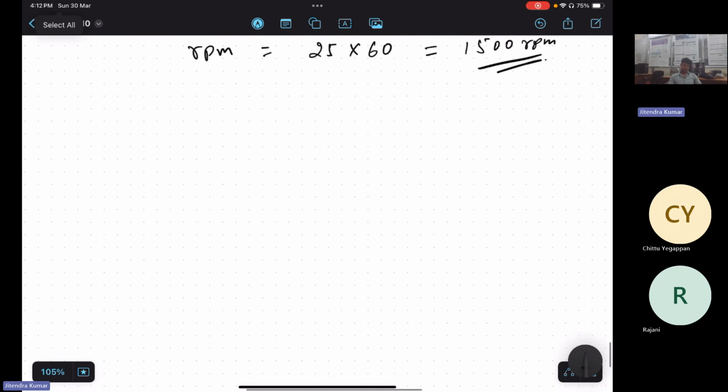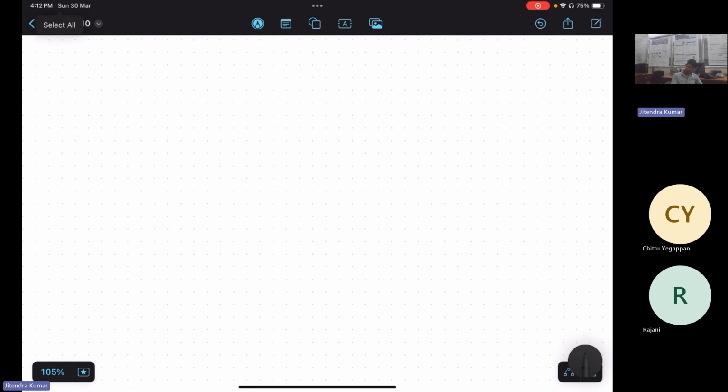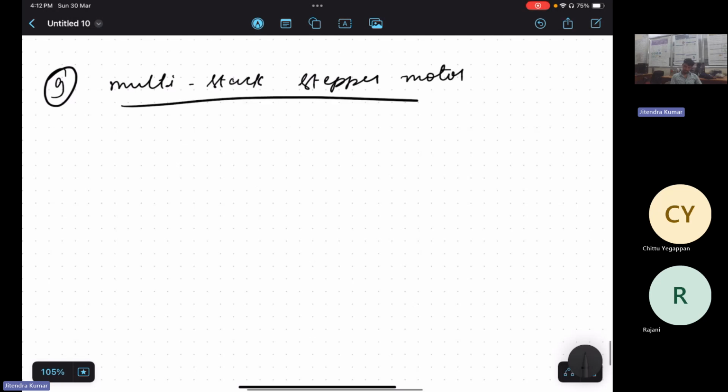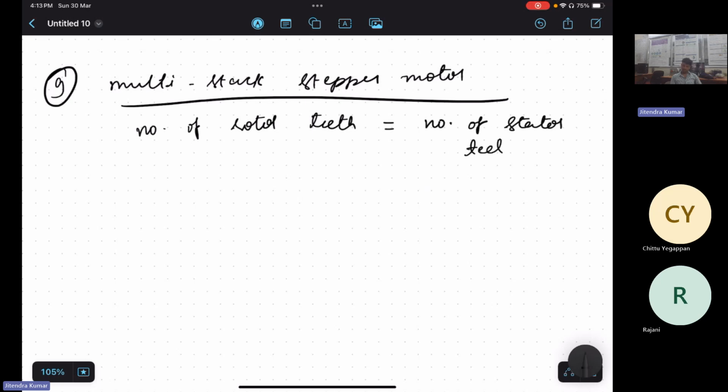Okay. The next problem is a multi-stack stepper motor. In a multi-stack stepper motor, the number of rotor teeth is equal to the number of stator teeth.